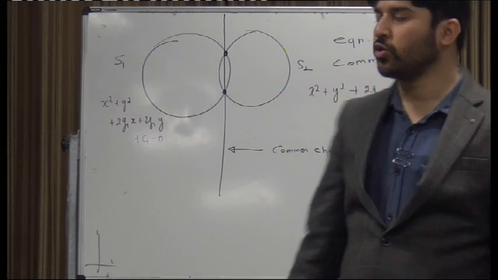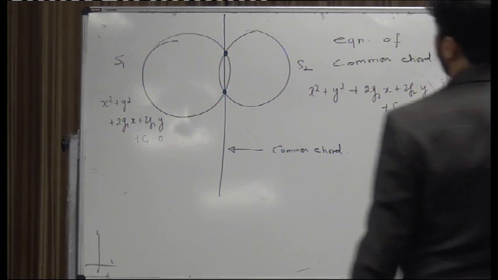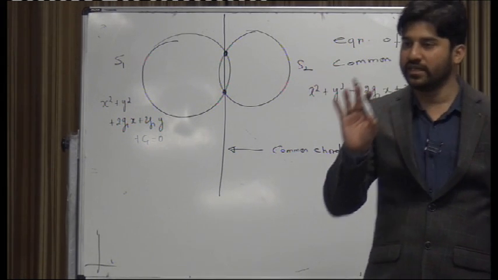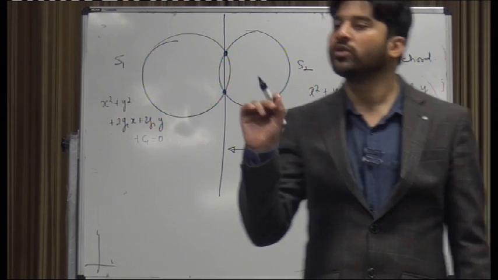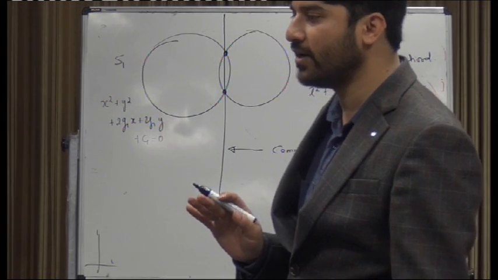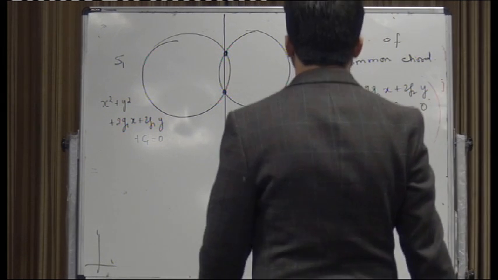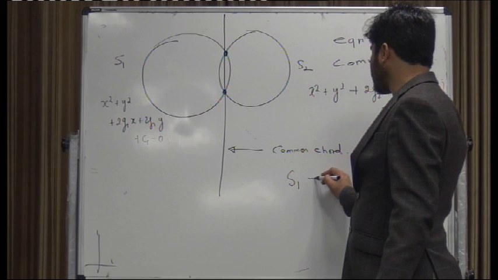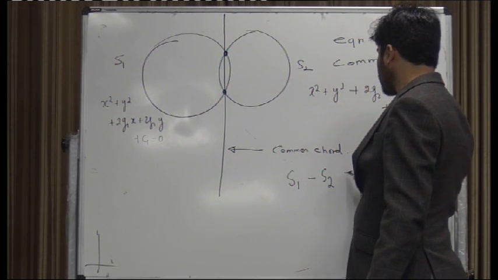So if you look at the equation of the line, what is the equation of a line? It is basically a linear equation which is satisfying the 2 points through which it is passing, right? Just tell me, S1 minus S2 is equal to 0.